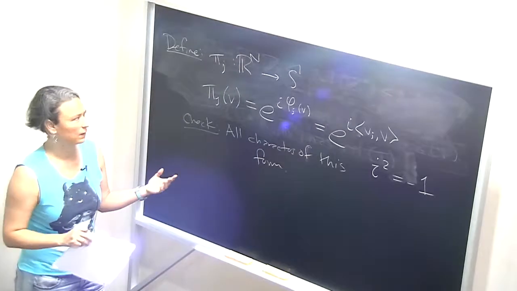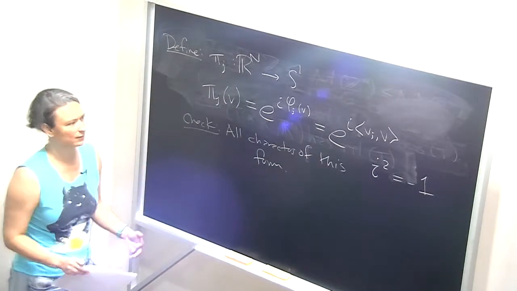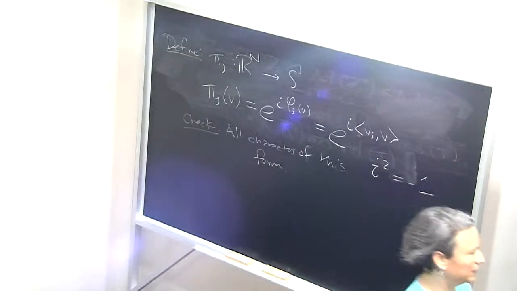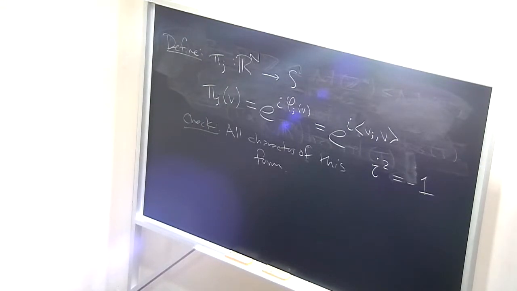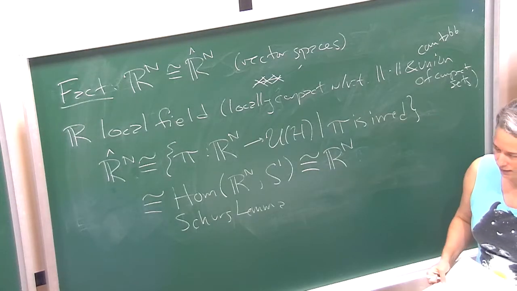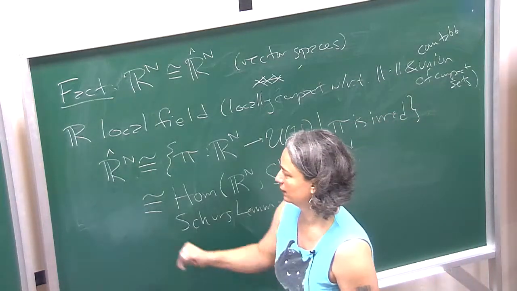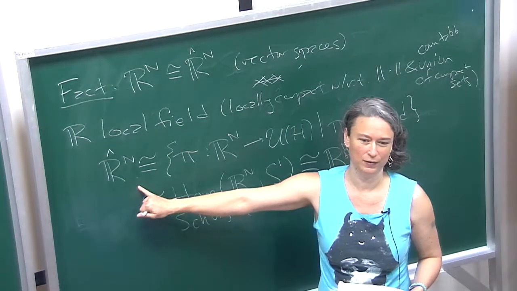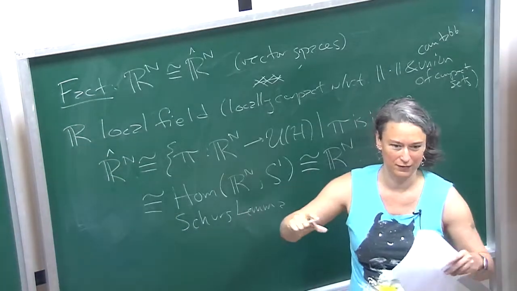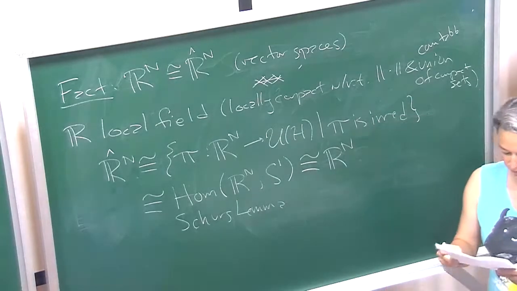Okay, so this inner product gives me a duality between Rn and its linear dual, and by exponentiating it, it gives me a duality between Rn and its unitary dual. And then, of course, you get that the linear dual of the linear dual is back to where you started because of the nice structure of the inner product.